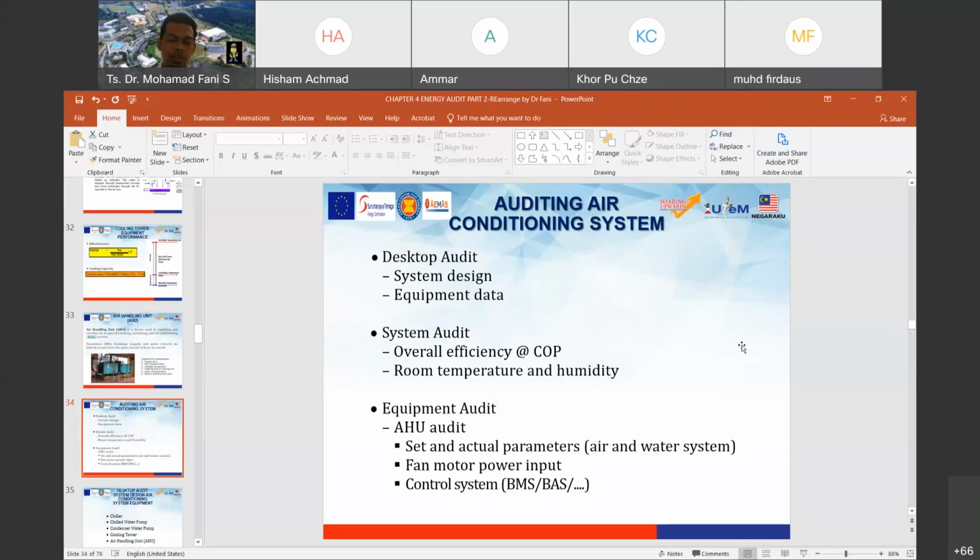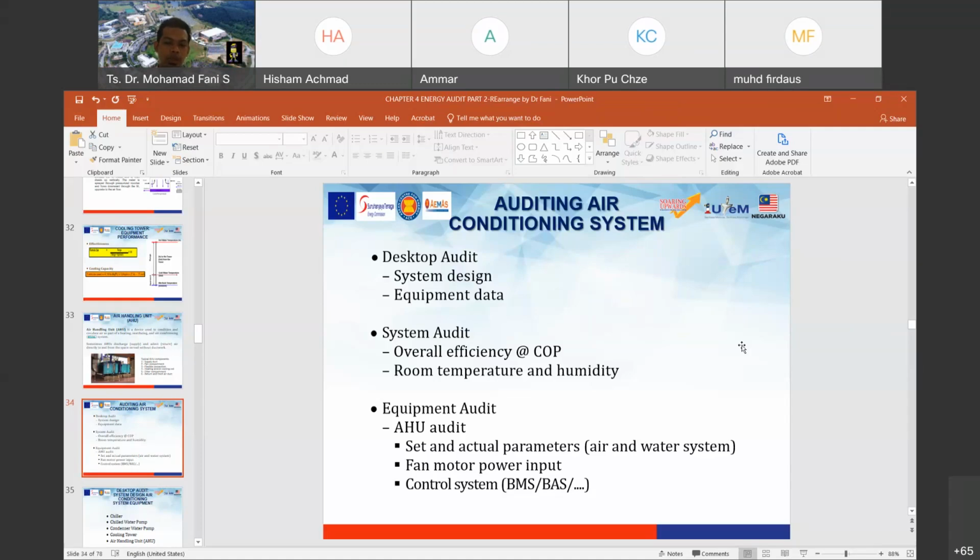Desktop audit is really important so that the auditor gets an idea of how they can audit the system. System audit covers overall efficiency and COP. We get the efficiency or COP by measuring some parameters.